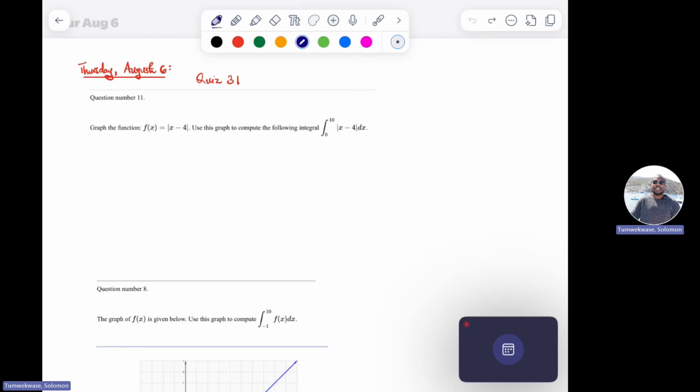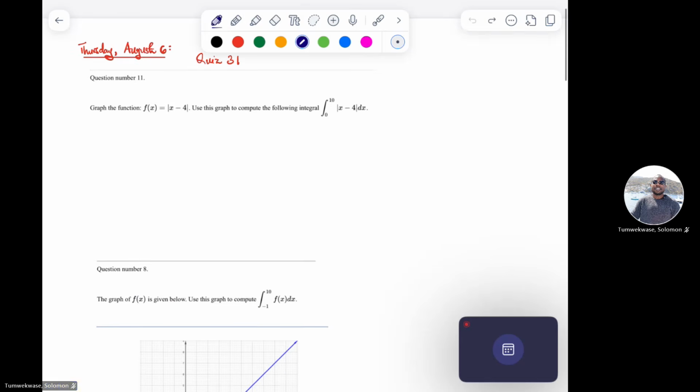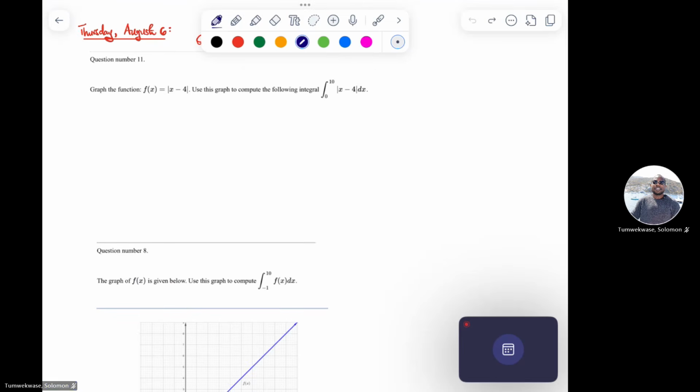Okay, so in question 11, we have that function and we have to sketch the graph and then compute that integral. We know this function looks like this.